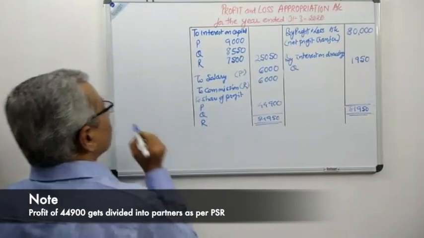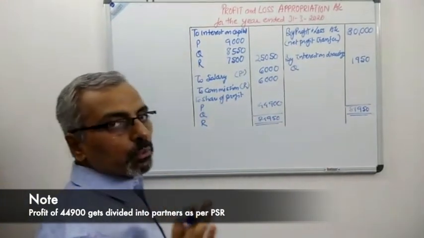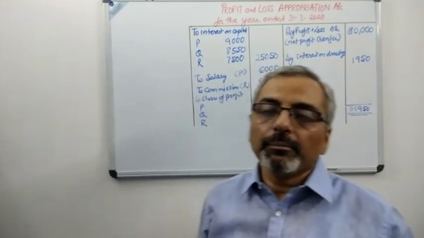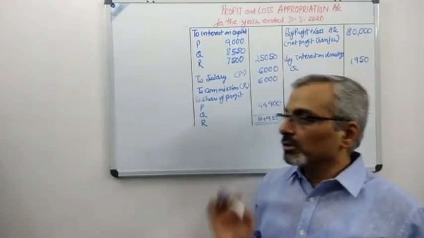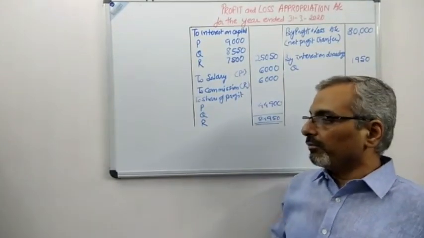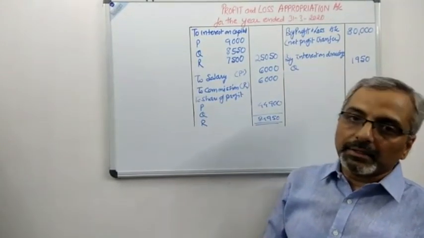And if you remember that the PSR was given to us as 2:2:1. If the PSR was given to us as 2:2:1, we will divide 44,900 by 5, and then we will get the profit.